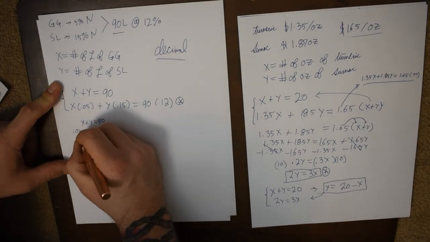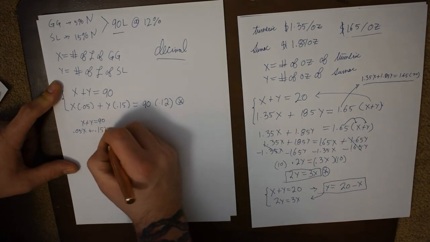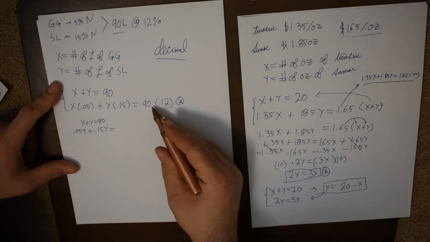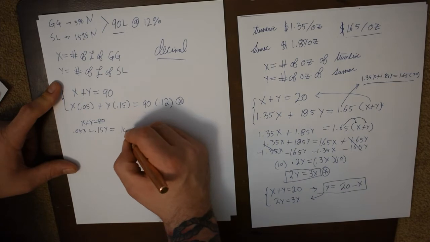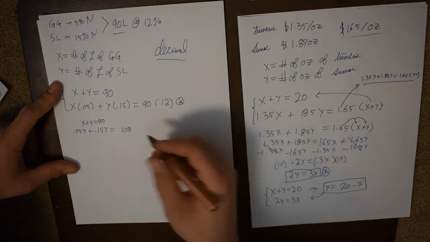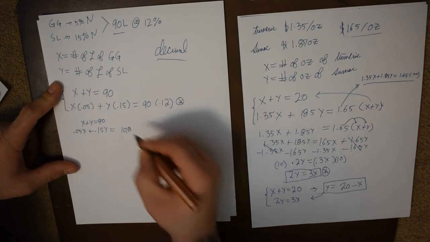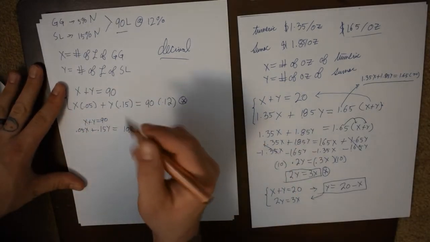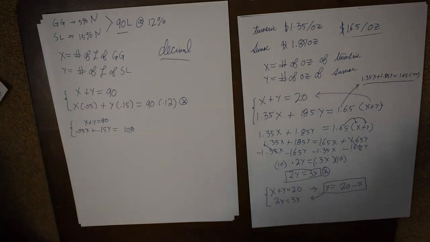So 0.05x plus 0.15y has to be equal to 90 times 0.12. Well, 90 times 12 is 1080, and that would tell us to bump the decimal twice to the left, and that would have us bump it once to the right. 90 times 0.12 is 10.8. So this is our new system of equations.